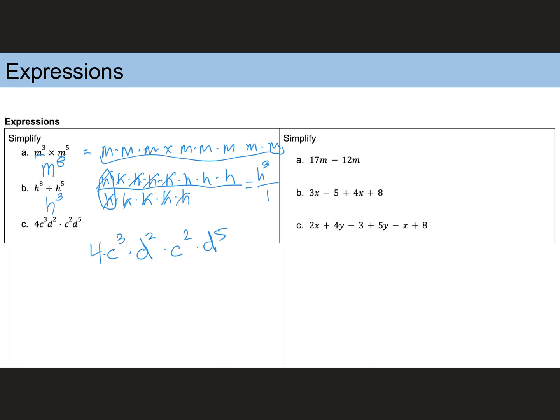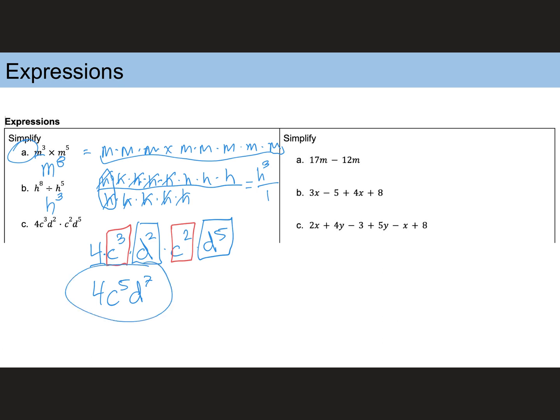So for example, c to the power of 3 times c to the power of 2 is just c to the power of 5. I'm just going to add. It's kind of similar to what we did with A. Now with D, I have d squared times d to the power of 5. If I add those together, 2 plus 5 is 7. Now this 4 just stays at the front. That's it. This is my final answer.